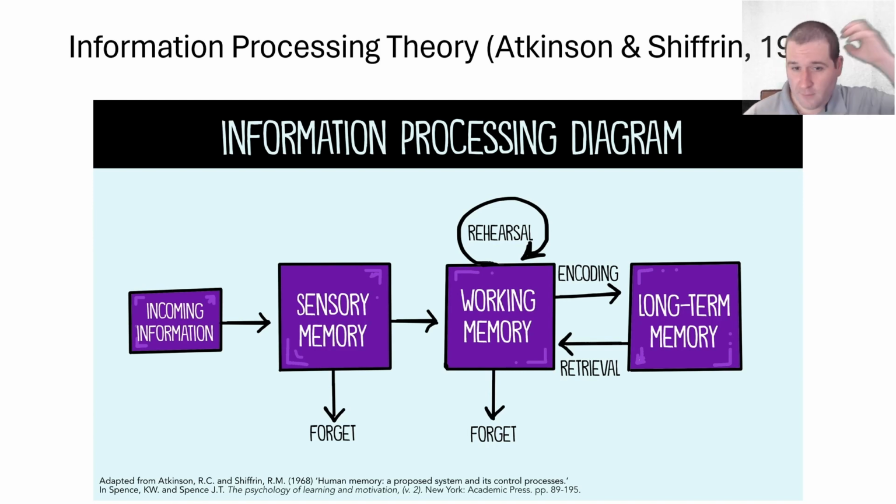We store that information in our working memory, and we're constantly sending information back and forth from our long-term memory through encoding and retrieval. And when we are learning, when we're studying, when we're rehearsing, that takes place almost entirely in the working memory. So as we're practicing, we have to make sure that we're encoding these ideas into the long-term memory, or else we're going to lose them.